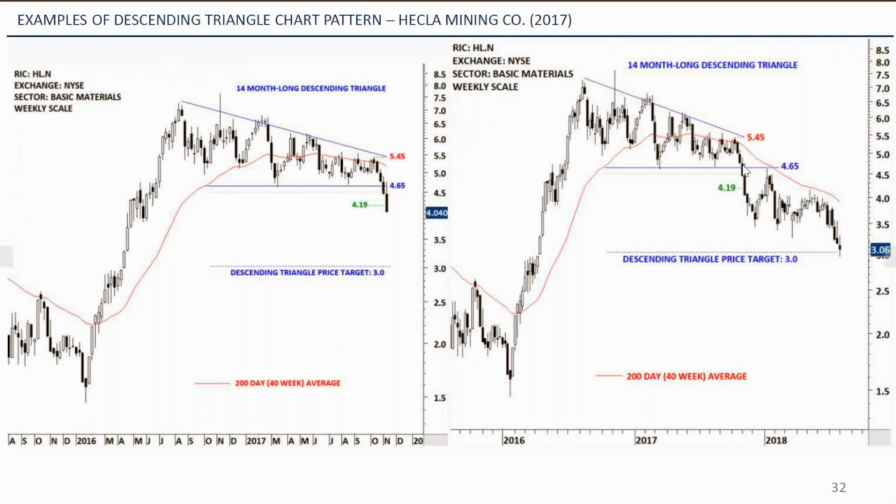And that confirmation can come when the breakdown takes place below the long-term average. So we plot the 200-day moving average again, and we want to see a breakdown that takes place below the long-term average, which is the case here, descending triangle reaching its price target.